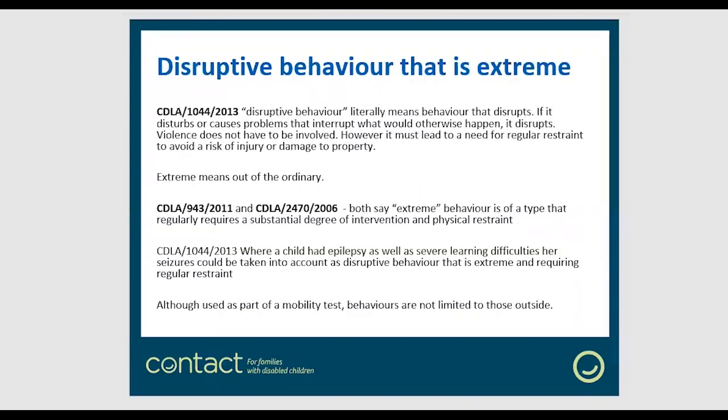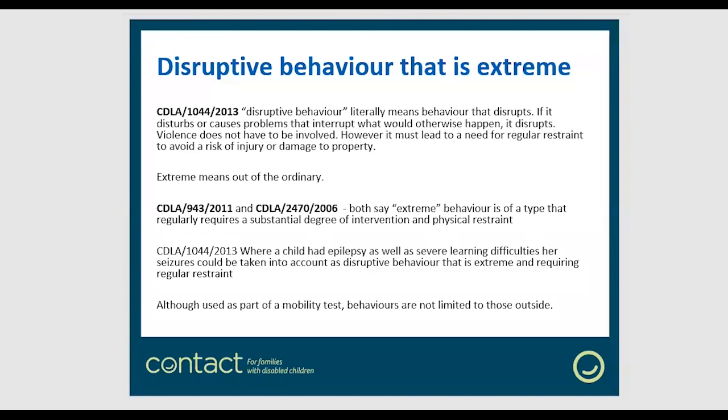The test is that they have disruptive behavior that's extreme. And what case law has said is that these phrases, disruptive behavior and extreme behavior, should be given their everyday meaning. And so disruptive literally means behavior that disrupts, that disturbs or causes problems or interrupts what would otherwise normally happen. So violence and aggression doesn't necessarily have to be involved.